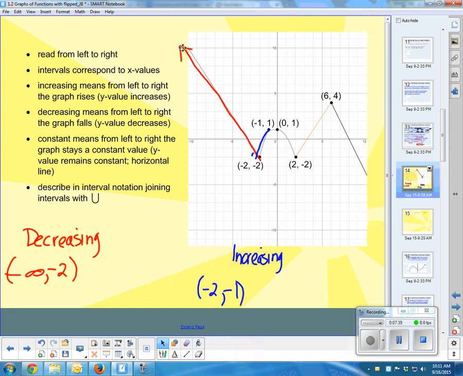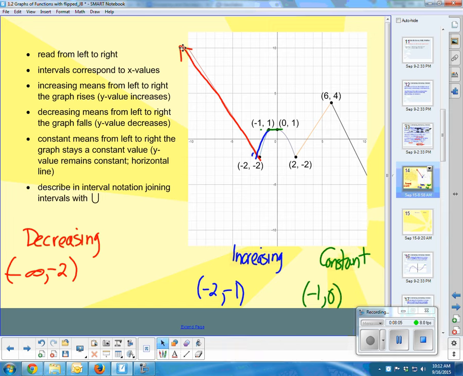Now let's see what happens. From -1, my x value -1, if I continue going to the right, I stay flat, so that's remaining constant. So from -1 to 0 in my x values, I remained constant.